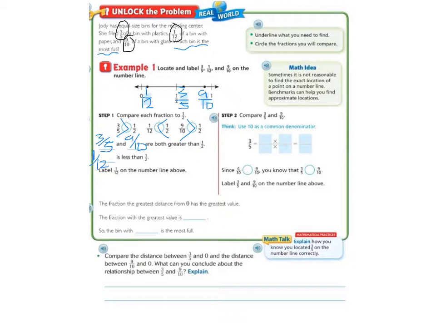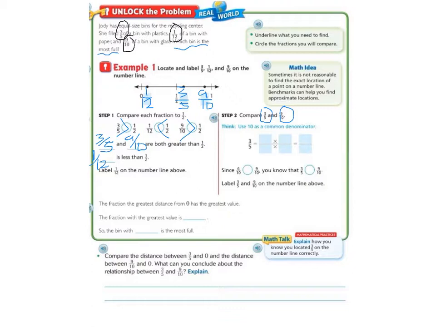So we can also use some compatible fractions, some common denominators to show, like we did yesterday and in our previous lessons, to compare these two. So let's look at the numbers 3/5 and 9/10. And we're going to use 10 as a common denominator because 10 can go both into 5 and into 10.